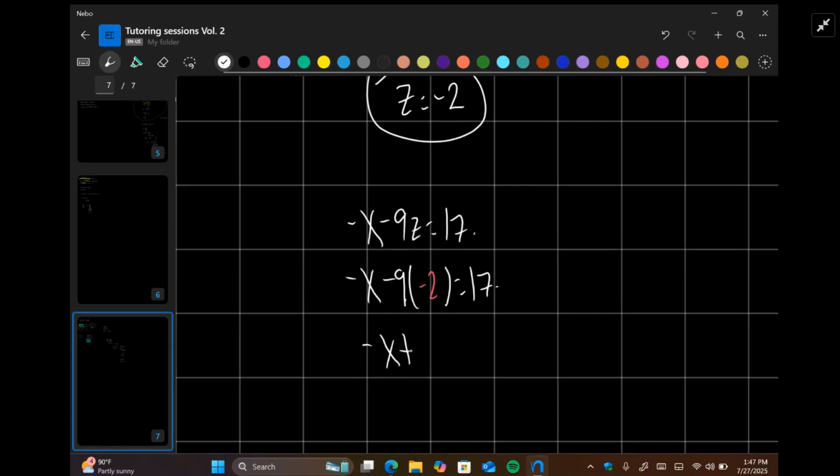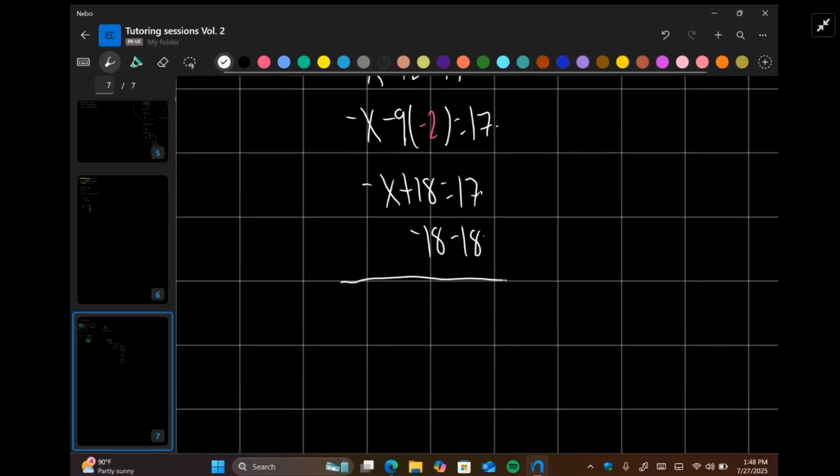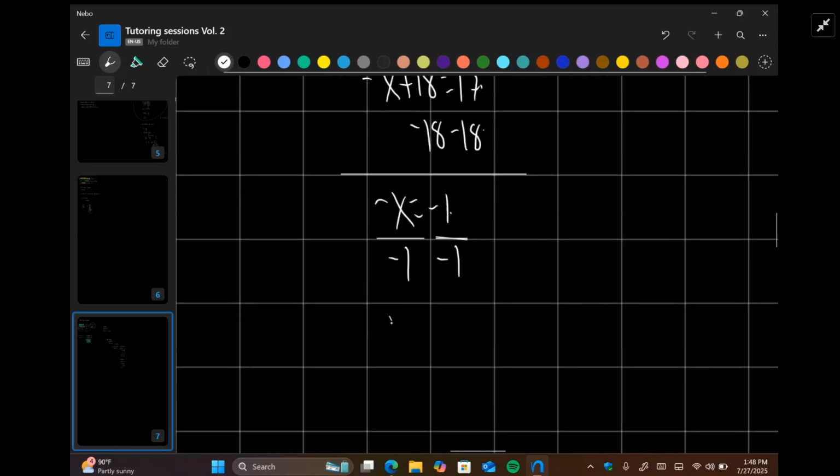Negative x plus 18 equals 17. Subtract 18 on both sides, we get negative x equals negative 1. Divide by negative 1, and we get x equals 1.